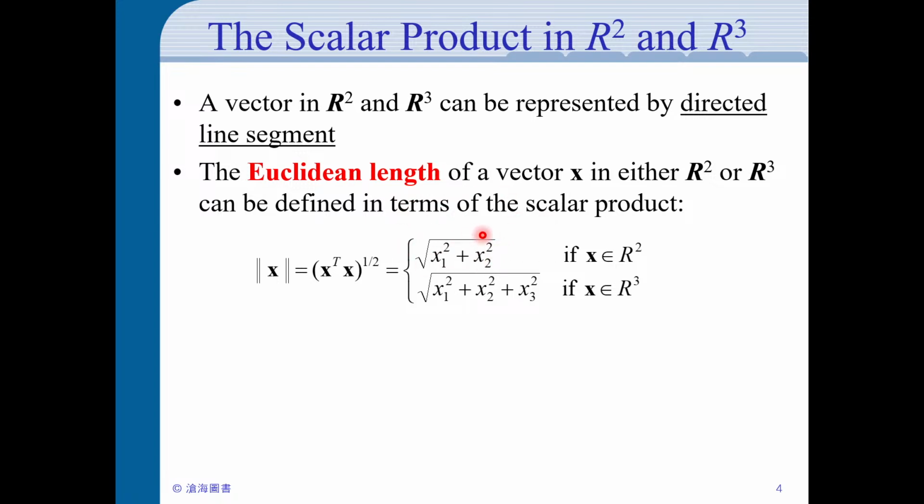In R2 and R3 we know the length should be the square root of x1 squared plus x2 squared, or the square root of x1 squared plus x2 squared plus x3 squared. But x1 squared plus x2 squared is the inner product of x with itself, right?